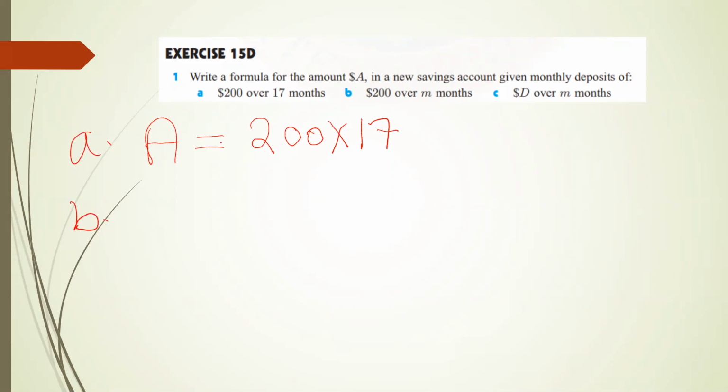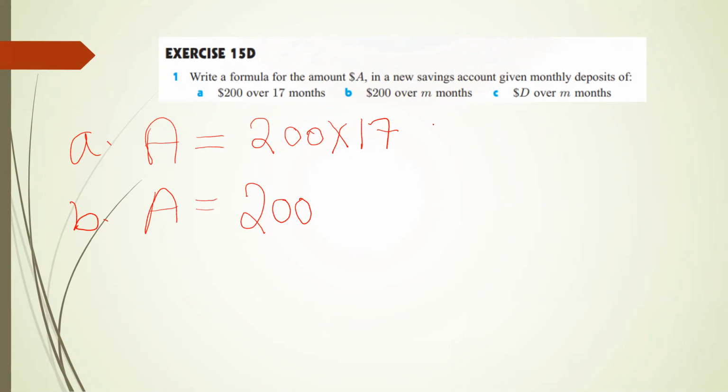That is totally a numerical formula because we used the numbers. But as for B, the total amount is given by, yes, 200, but it's over M months.